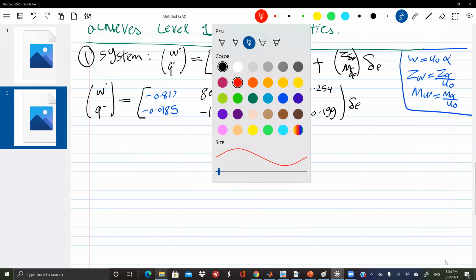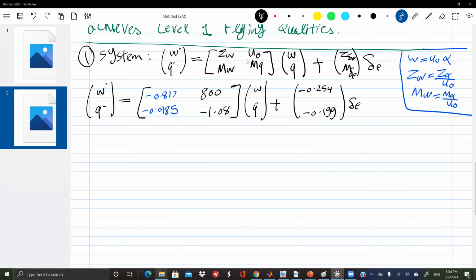I can include them here as well. So this is my system. The first step is done. Any question about the first step? Straightforward. Just get it from the cheat sheet and substitute the numbers.